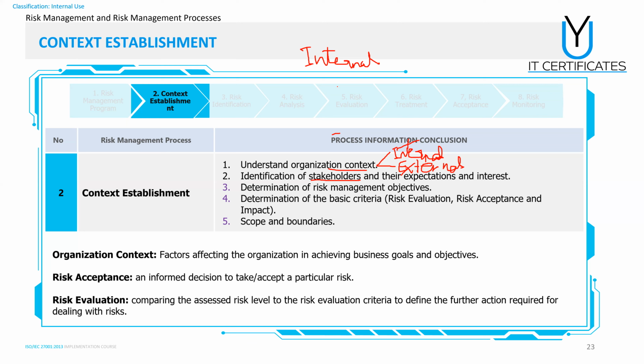Employees expect that the company will protect their data and their privacy. Management and the board of directors expect that the organization will be able to achieve goals and objectives. Supervisors expect that the people will be able to do their exercise properly.